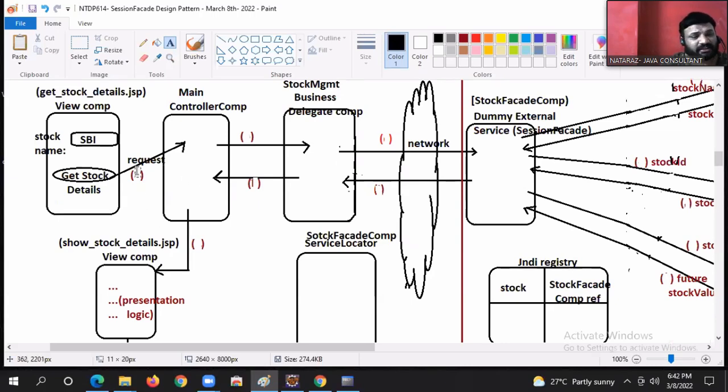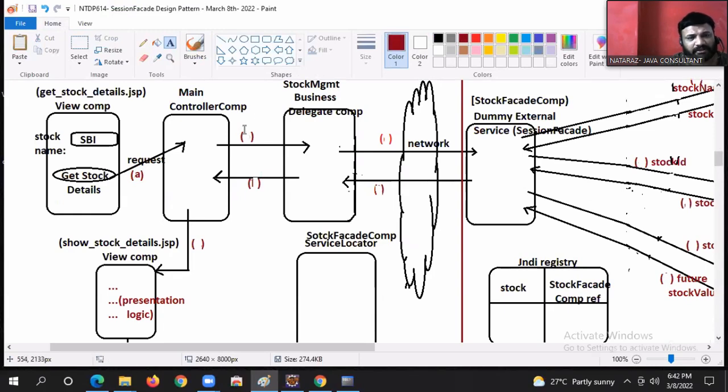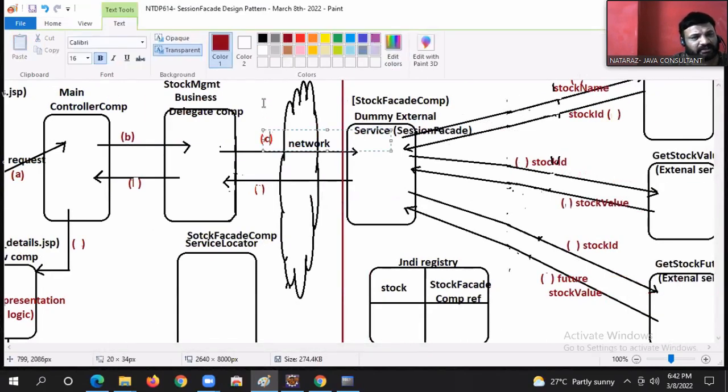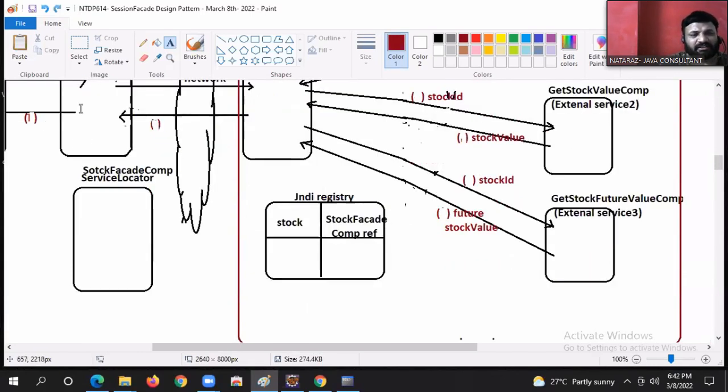Let's see. A, B, next C. Not that C, guys. It interacts with the service locator.